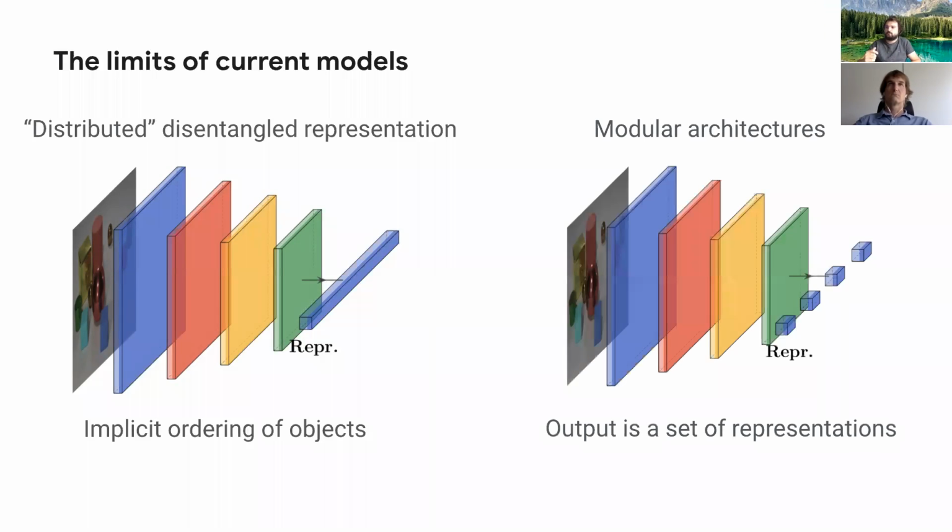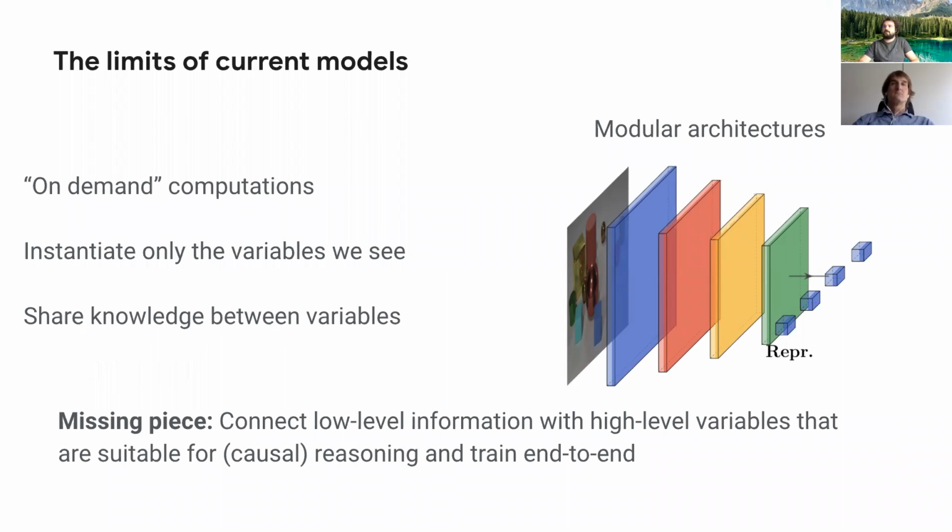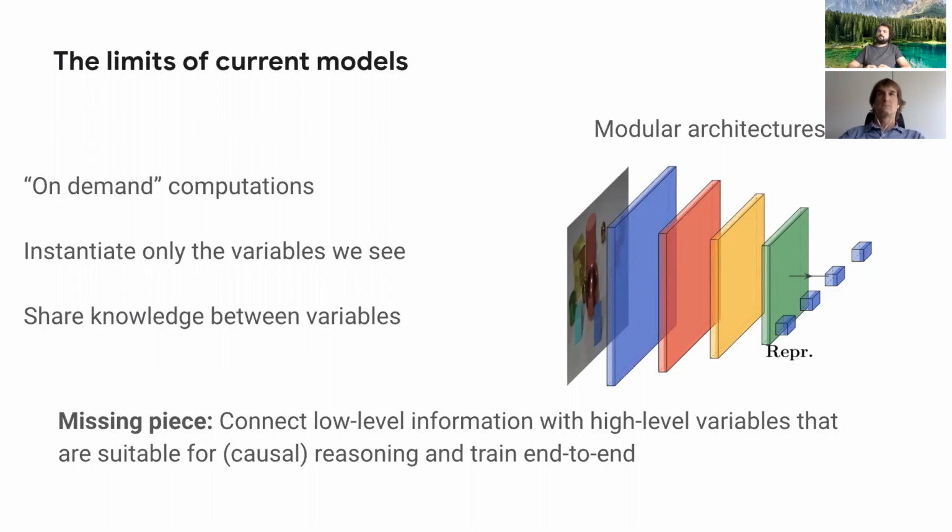So what we would rather want to have is a more modular architecture, where the output is not a vector, but a set, so that we don't impose an unnatural ordering. And further, convolutions work very well, but what we would rather like to have is on-demand computation, and we really want to instantiate only the variables that we actually see, and share knowledge between these variables.